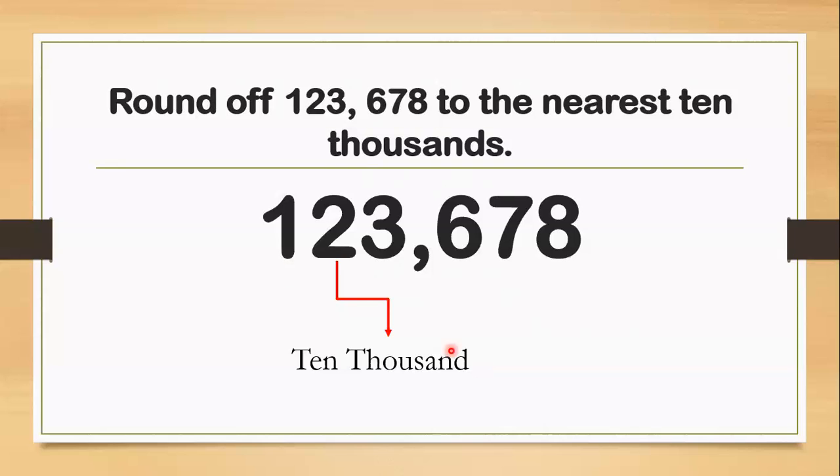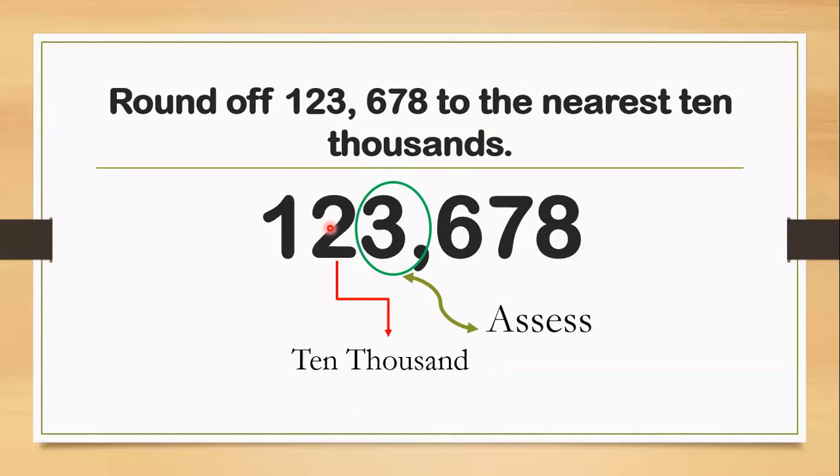Now, what number is on the right-hand side of 2? It's number 3. Now, let's assess 3. Is 3 greater or less than 5? Yes, it is less than 5. Are we going to add 1 to the 10,000s?